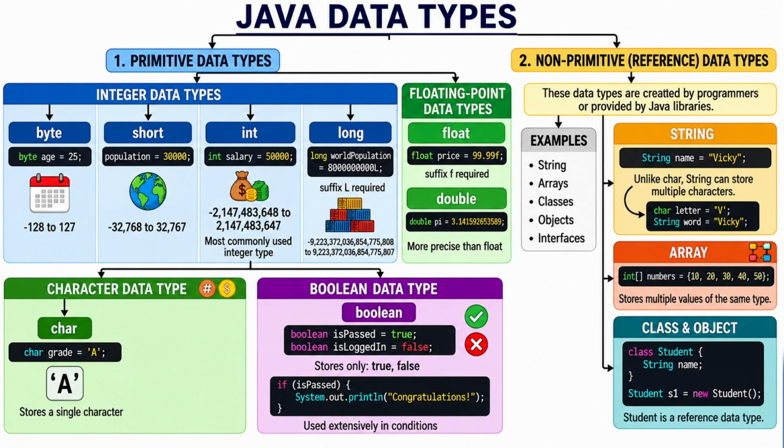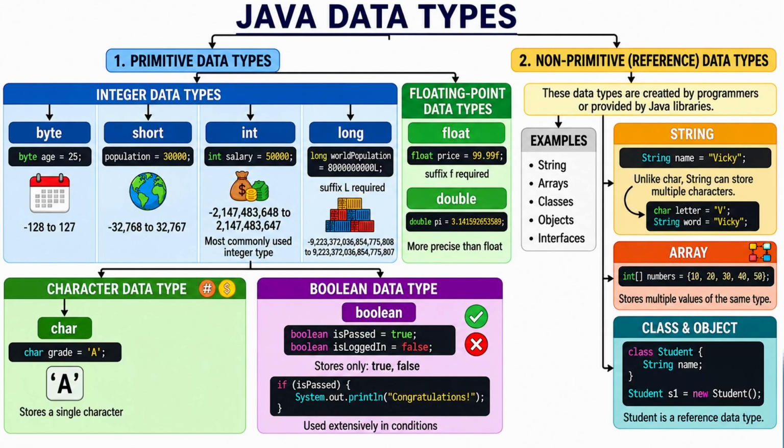In integer data types we have byte, short, int, long. And in floating point data types we have float, double. In character data type we have char.